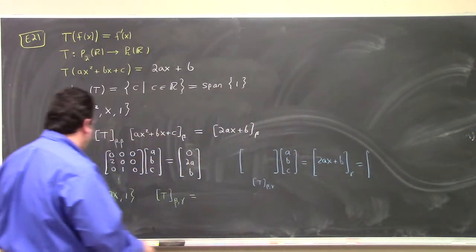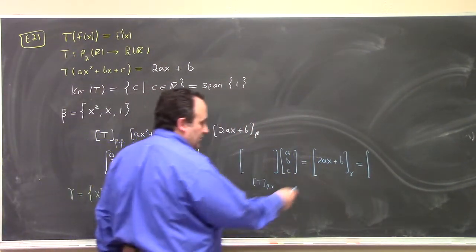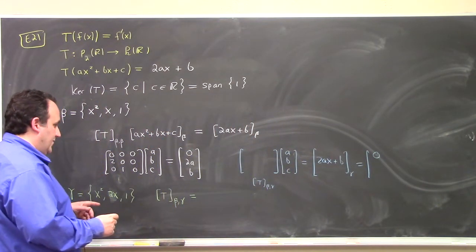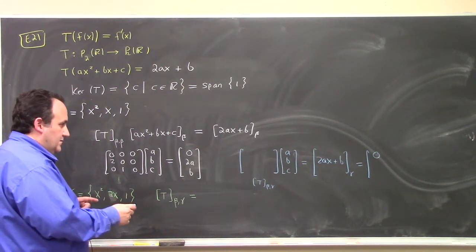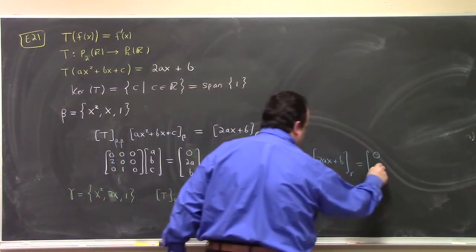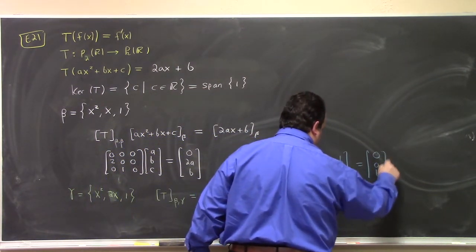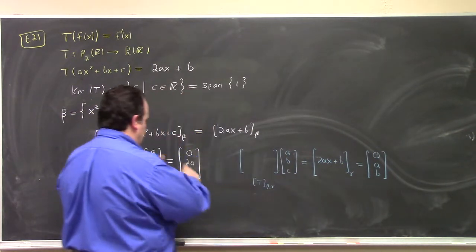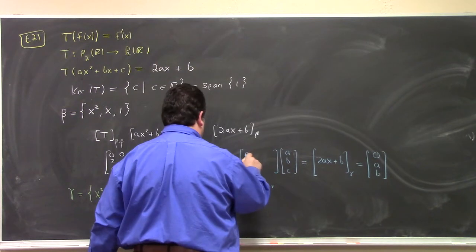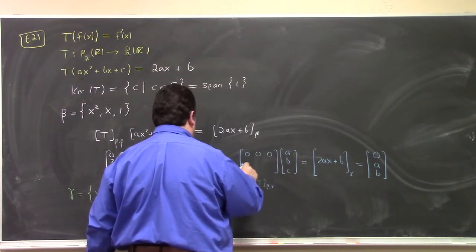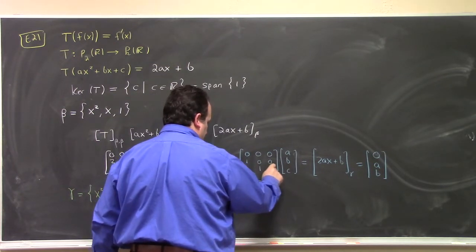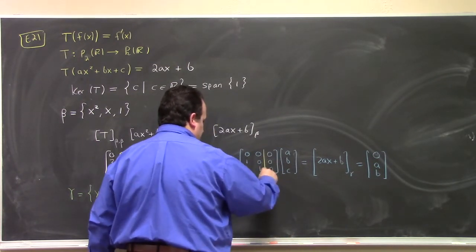Well, with gamma I've still got 0 for the x squared piece, but how many 2x's? Not 1, but a, and b. So you see the difference? Now the coordinate vector is 0, a, b versus 0, 2a, b. So you get zeros on the top again: 1, 0, 0, 0, 1, 0.